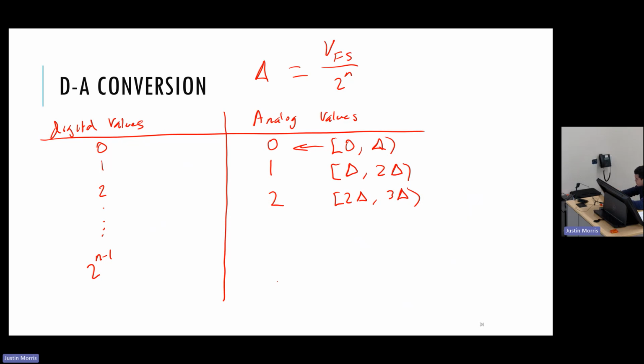And then going all the way to the bottom, for 2 to the n minus 1, the range is 2 to the n minus 1 delta to 2 to the n times delta, which is equal to V full scale.